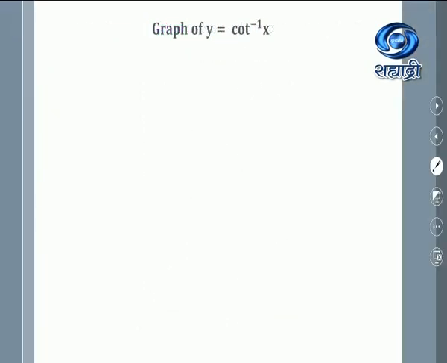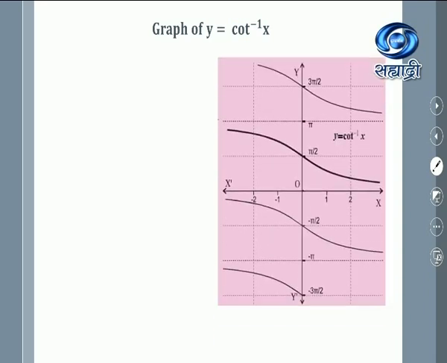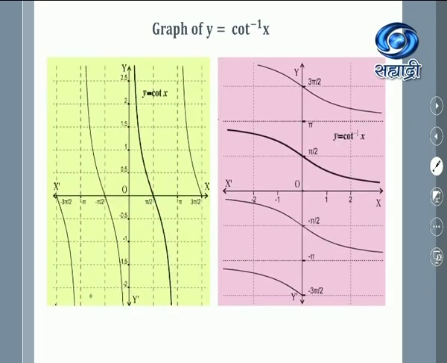Now, let us see what is the graph of y equal to cot inverse x. Now, this is known to you. I already explained. With this, we are drawing the graph of cot inverse x. Now, this principal branch we consider from the open interval 0 to pi. So, here this is 0 to pi, which means this branch we will have to consider.